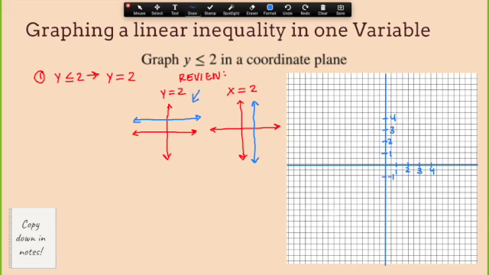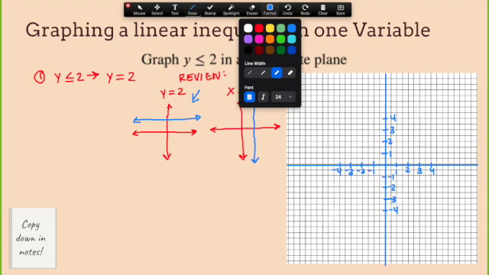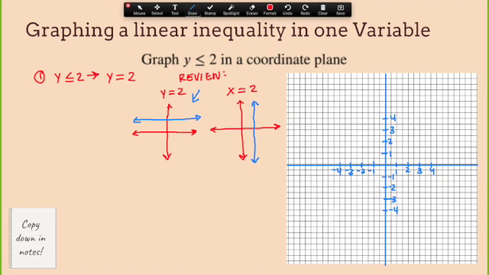Down below is -1, -2, -3, and -4. And on the left side is -1, -2, -3, and -4. Now, based off of that, I can graph out that horizontal line. So I'm going to graph out a horizontal line first.